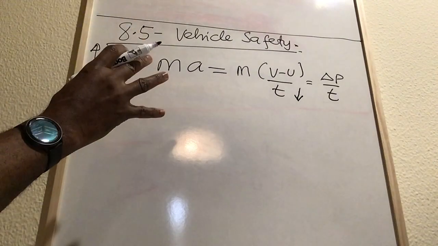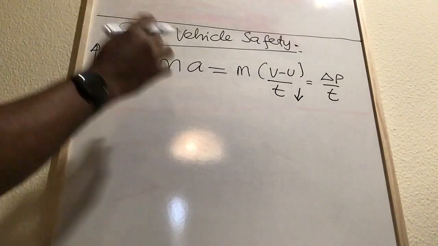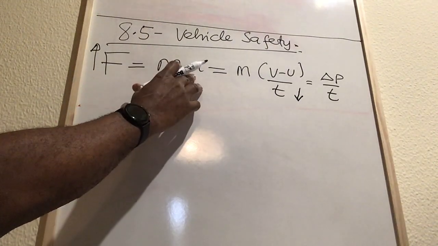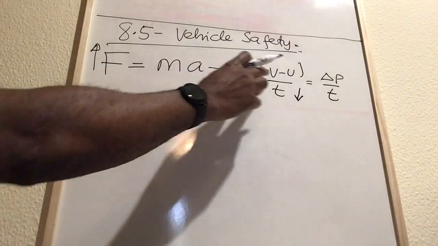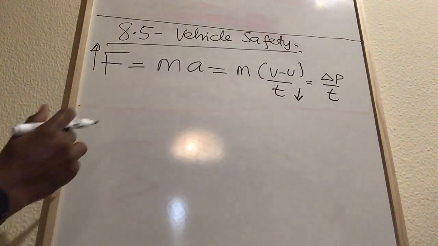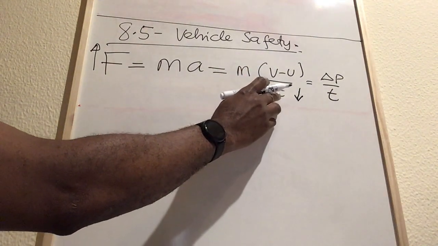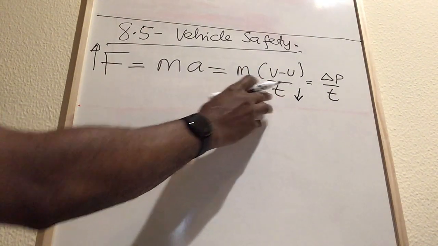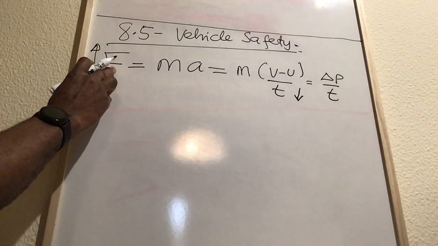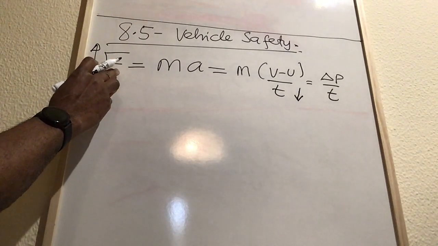So if you are driving at a particular speed and you suddenly decide to bring the car to a stop, the shorter the time it takes you to stop the car, the larger the impact force you're going to receive.